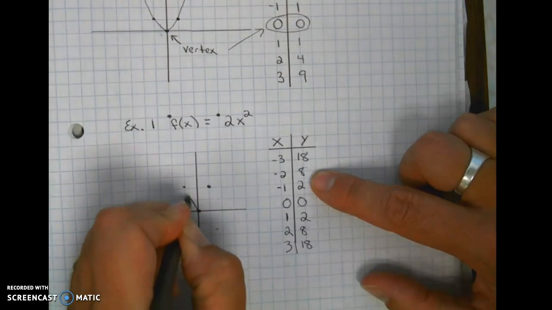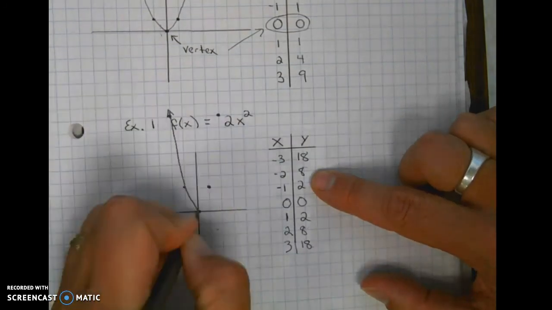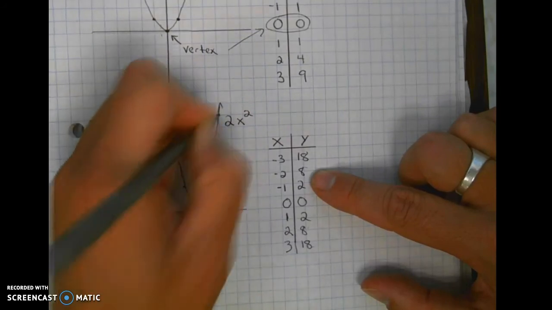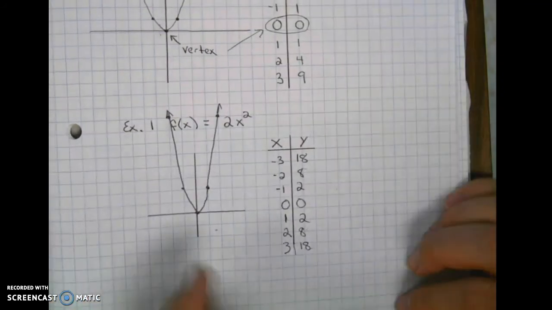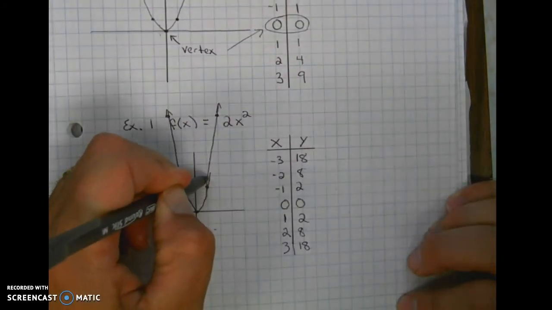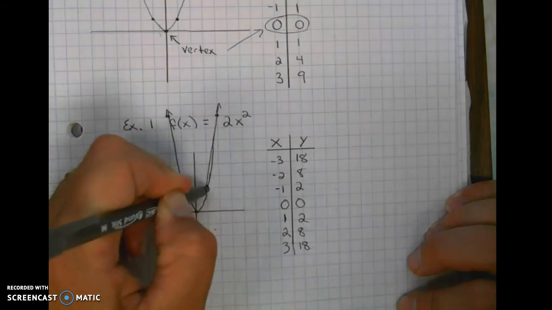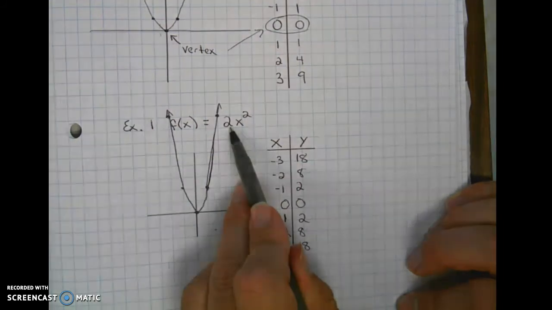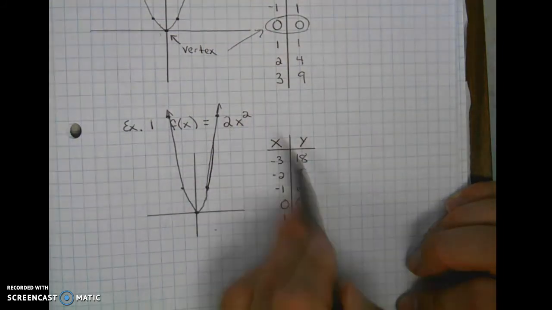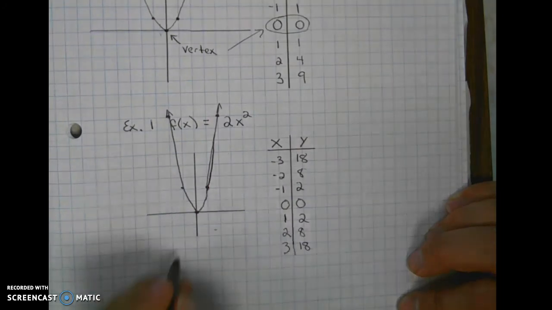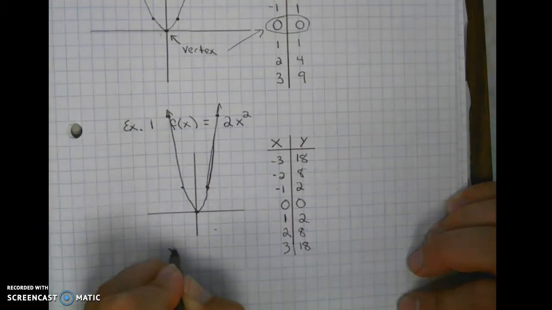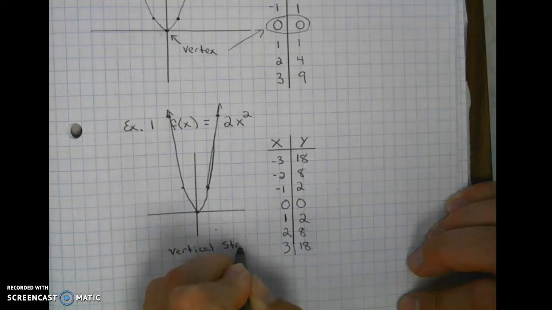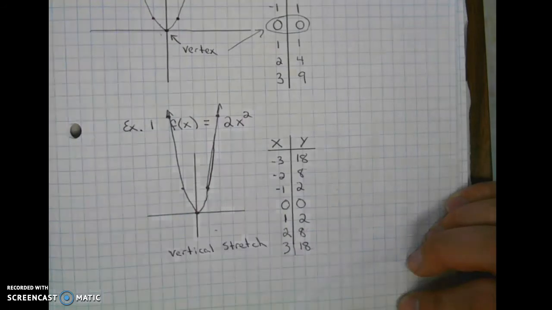And then trying to draw this wonderful parabola. Not the easiest thing in the world to do, but we'll do our best. So we have a parabola here. Sorry, doesn't look very good over here, but we'll try a little bit better. Sorry, not perfect. And so since we're multiplying the y values by 2, we call this a vertical stretch. A vertical stretch.